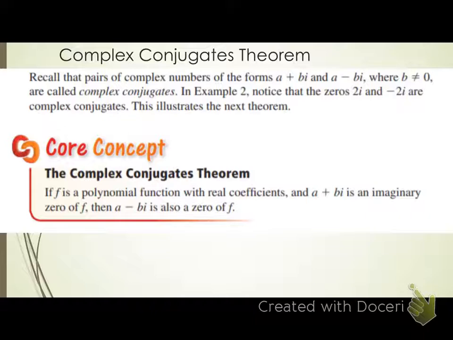If f is a polynomial function with real coefficients and a plus bi is an imaginary 0 of f, then a minus bi is also a 0 of f. So if one of them is an imaginary number, then that imaginary number's complex conjugate is also a 0 of the function.